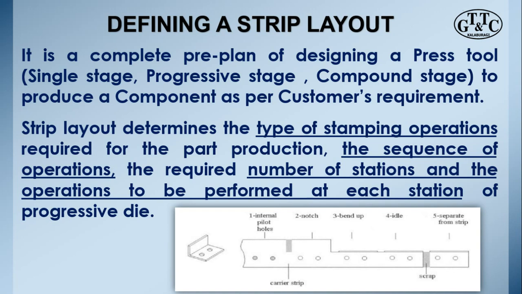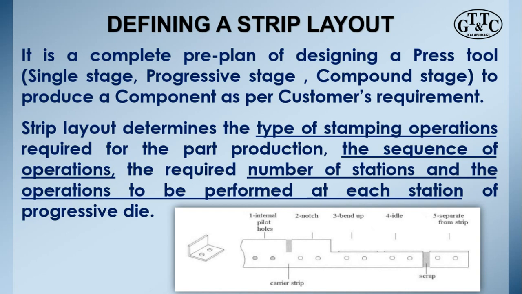Well, it is a complete pre-plan of designing a press tool, whether it can be a single stage or a progressive stage or even a compound stage. The designed press tool is then manufactured and subjected to the production of component as per the customer's requirement.